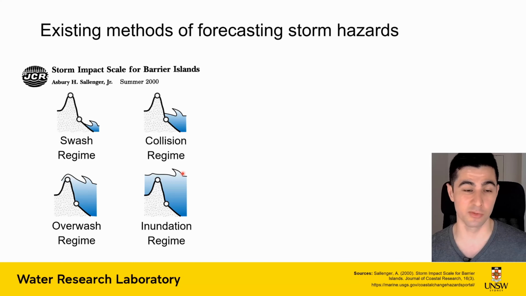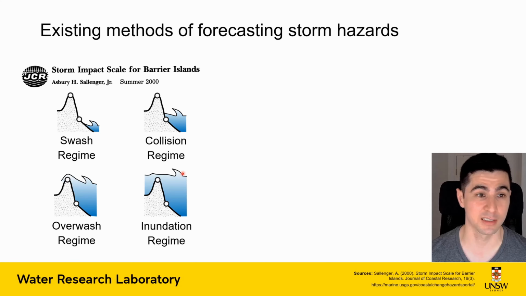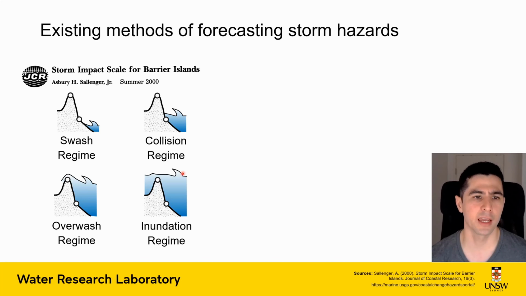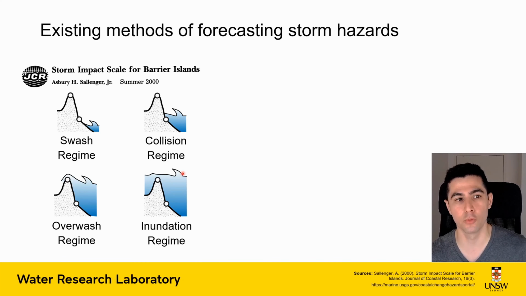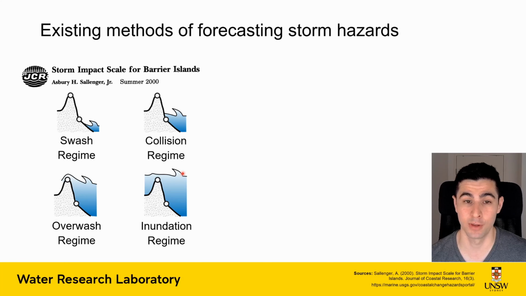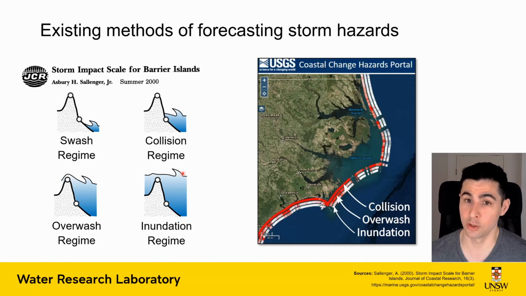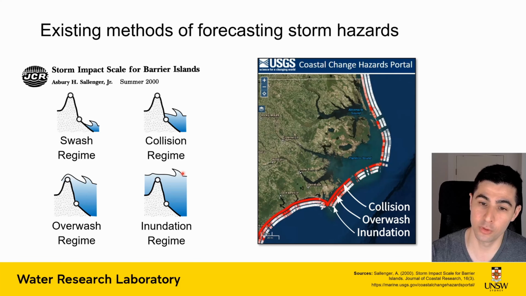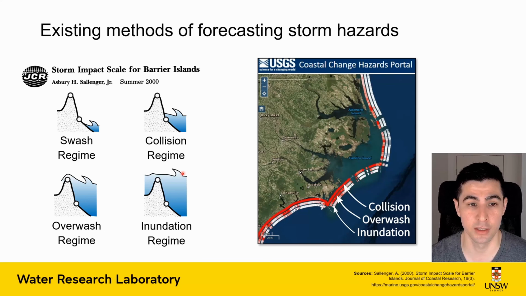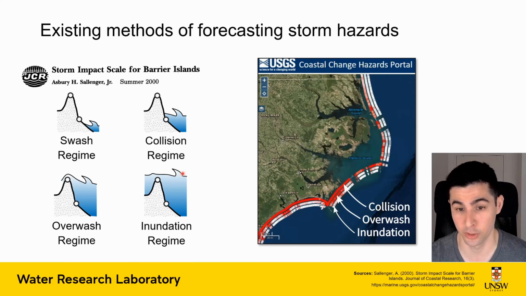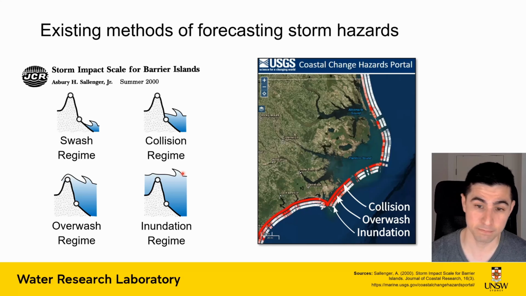And so this is a really simple, easy to forecast, easy to predict scale that can give you a sense of what the general morphodynamic impact of an event like this is going to be. And the USGS actually do this in operation. So you can go to the Coastal Change Hazards portal and they'll give you the probabilities of each one of these regimes during an impending storm.